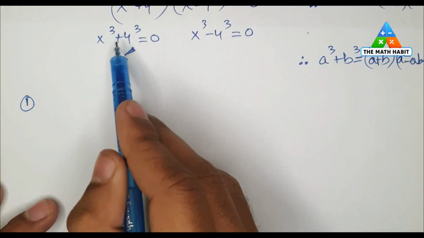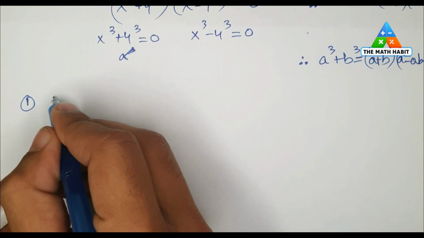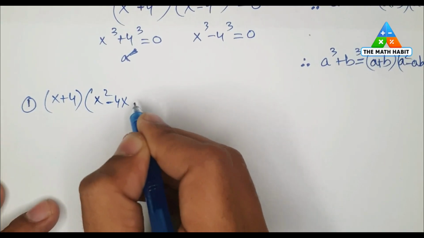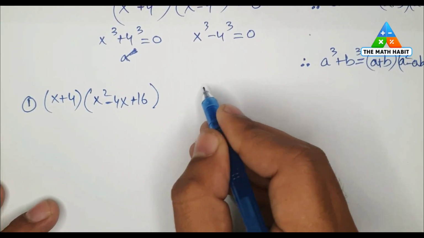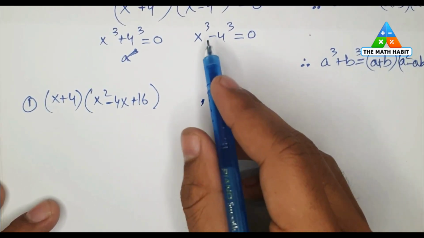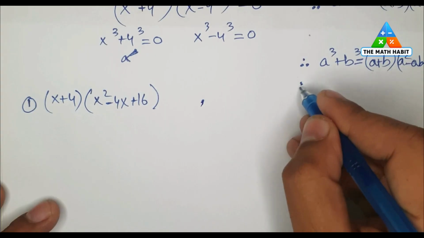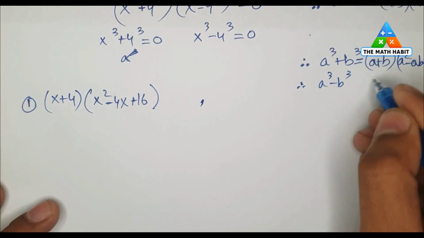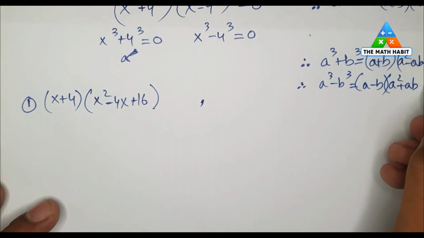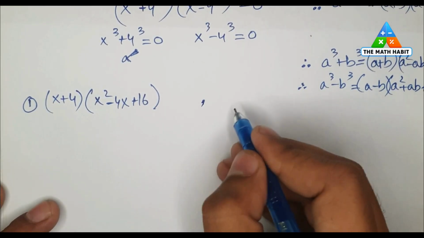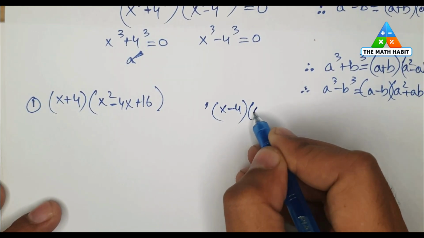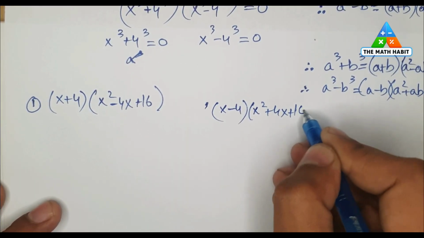If we apply this formula to x cube plus 4 cube, then we will get x plus 4 into x square minus 4x plus 16. And on the other hand, if we apply the formula to x cube minus 4 cube, as a cube minus b cube will be equal to a minus b into a square plus ab plus b square, it will be equal to x minus 4 into x square plus 4x plus 16.